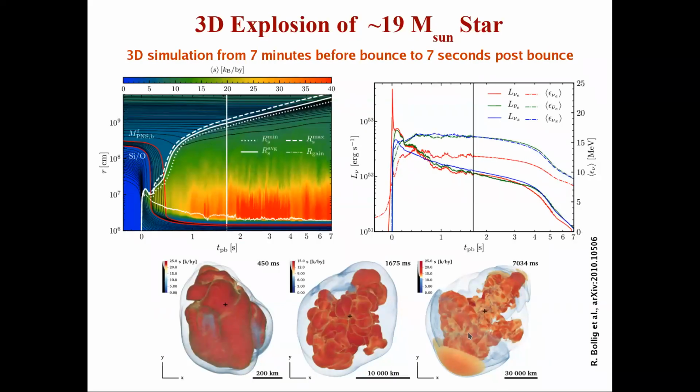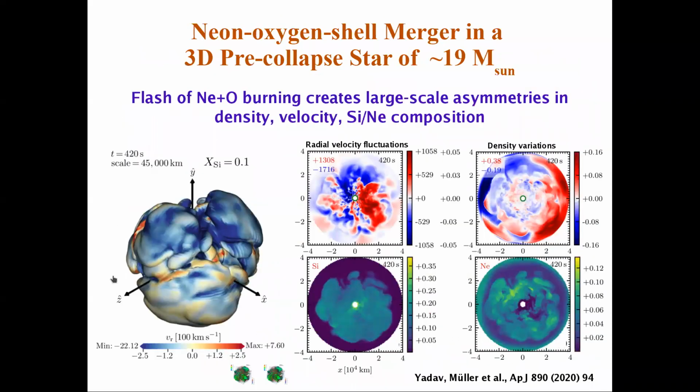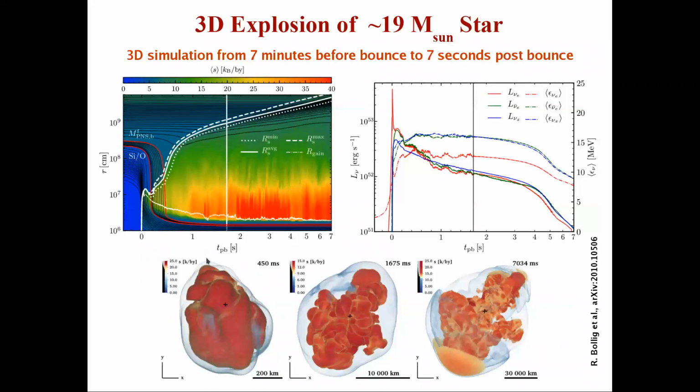It explodes most strongly in the direction where this density in the progenitor, which is perturbed in the way you see here, has a lower value. And that favors the shock expansion in this direction, where the explosion then becomes strongest.